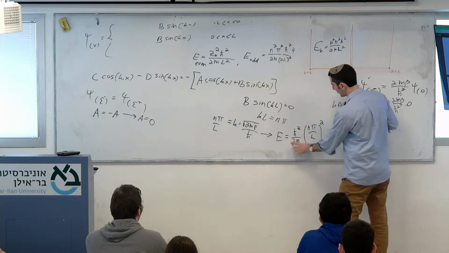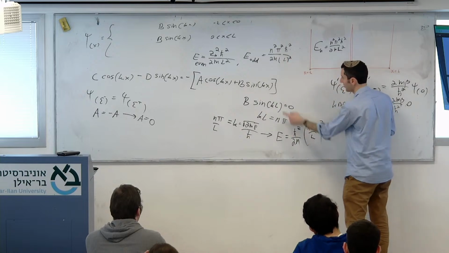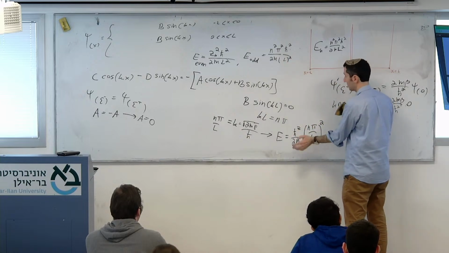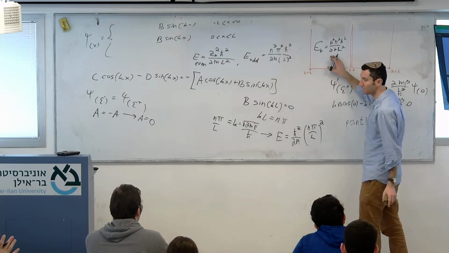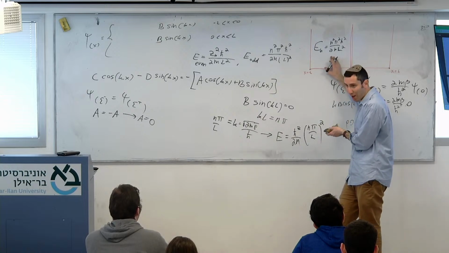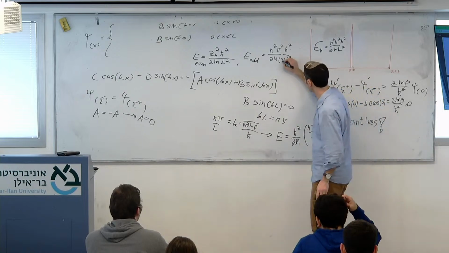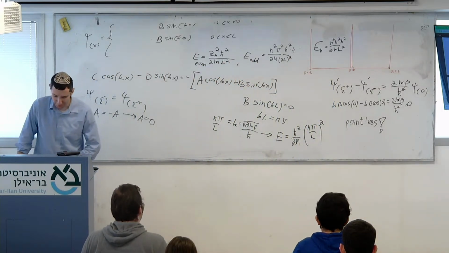If I write this a little nicer, you see this and this are the same? This reminds me of the solution of the infinite potential well. I want it to be more relevant to our case, so I can multiply by 2 and multiply by 4 here.